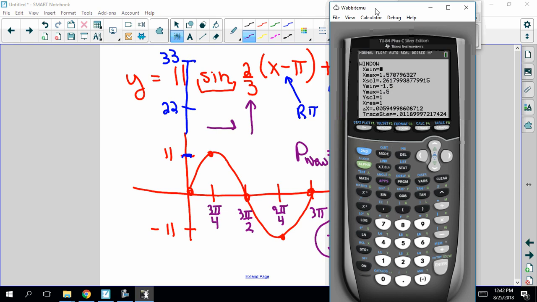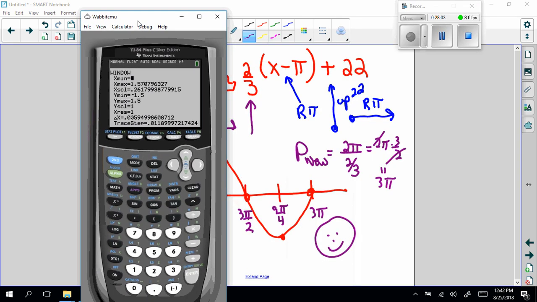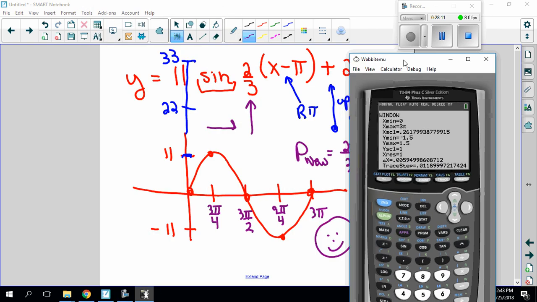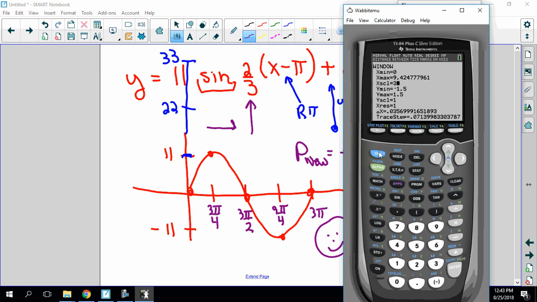Window, you know you want to graph it from 0 to 3 pi. So you can't let the calculator just do what it wants to do. Now, if you want your cool ticks, you want to go every 3 pi over 4. Now, we know we don't want to go minus 1.5 to 1.5.